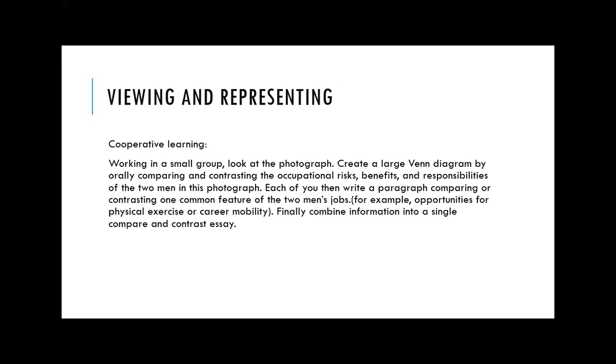Look at the fact, I gave you a task, I had to give it in class, but definitely we cannot do it, I'm just telling you what you had to do: work in groups or pairs, and you need to look at a photograph which I have included in the next slide, and you need to create a large Venn diagram by orally comparing and contrasting the occupational risks, benefits, responsibilities of the two men in this photograph, in the upcoming photograph.